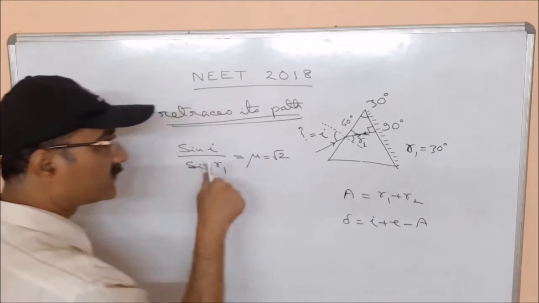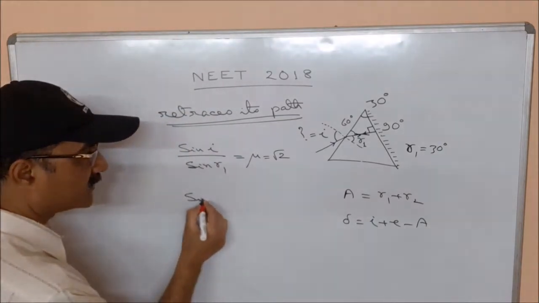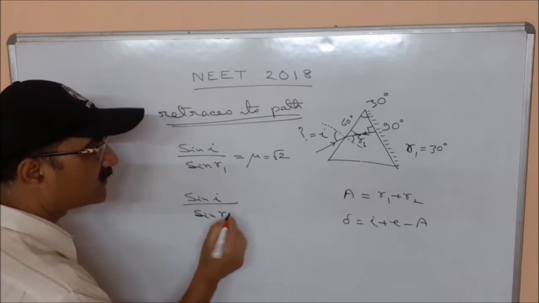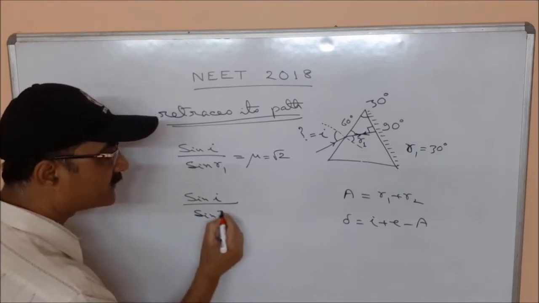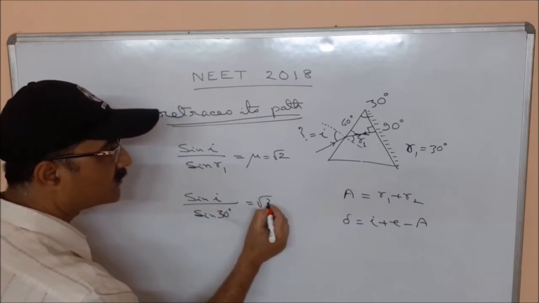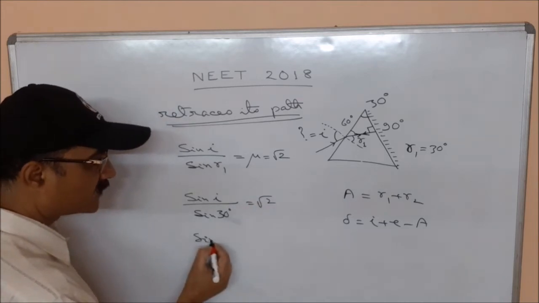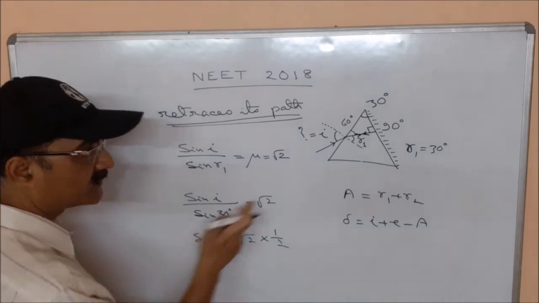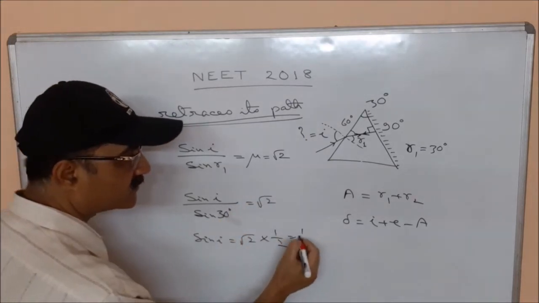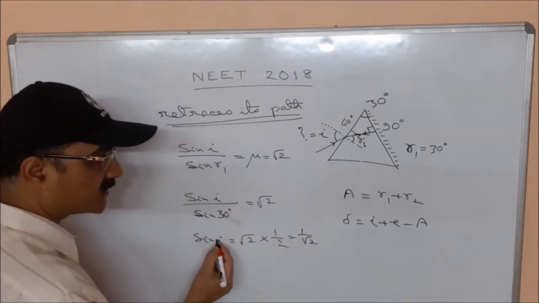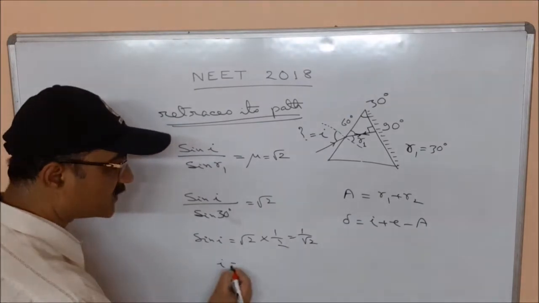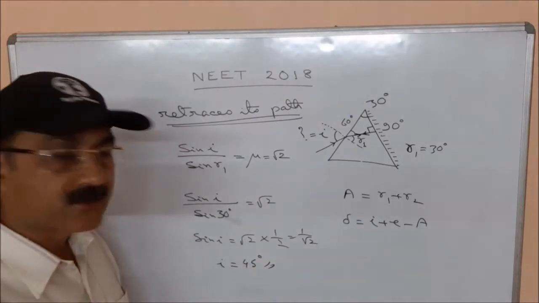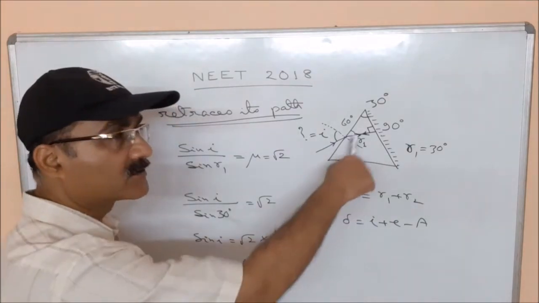If we put that value here, we get sine of I divided by sine of R1, R1 is 30 degree, is equal to root 2. So sine I will become root 2 into half. Sine 30 becomes half. So this is 1 by root 2. Sine I is 1 by root 2, means I is equal to 45 degree. So this is the answer for this question.